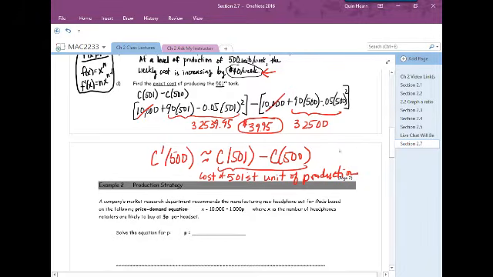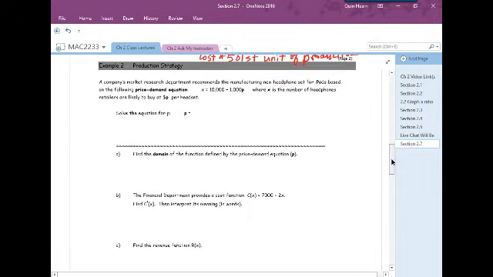So you can estimate the 501st by looking at C prime of 500. Similarly, if I asked you to estimate the cost of the 601st unit, you could find C prime of 600.